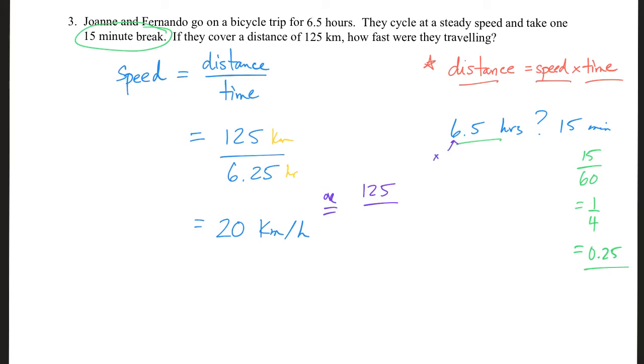So if I multiply 6 by 60, that gets me up to 360 minutes in 6 hours. 0.5 is a half, so half of an hour is another 30 minutes. Then you have a total of 390 minutes. Oh, but wait a second, we still had that 15-minute break. So now I have to take off my 15 minutes, and we get to there.